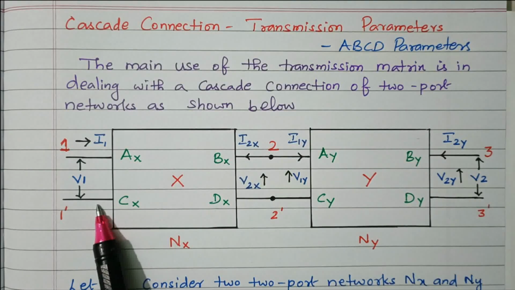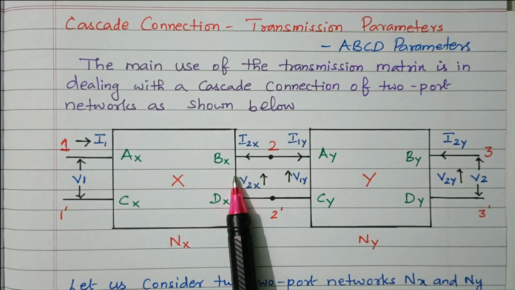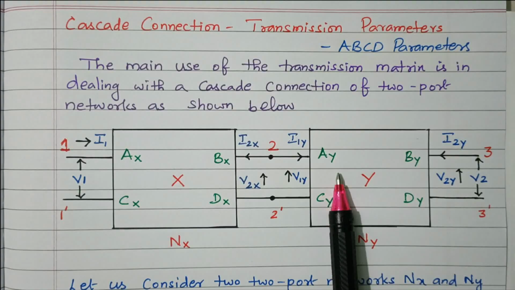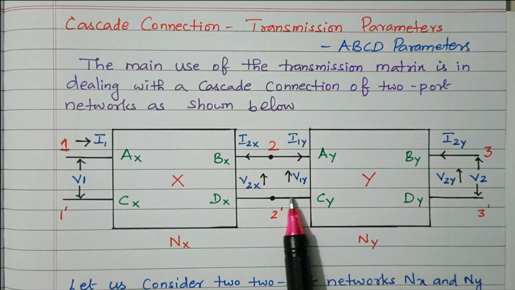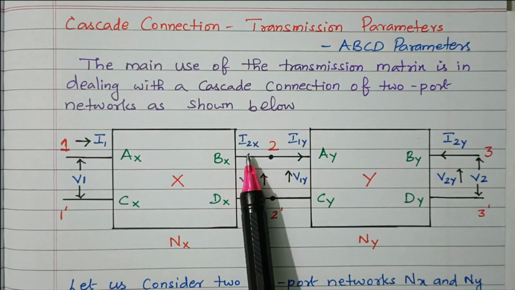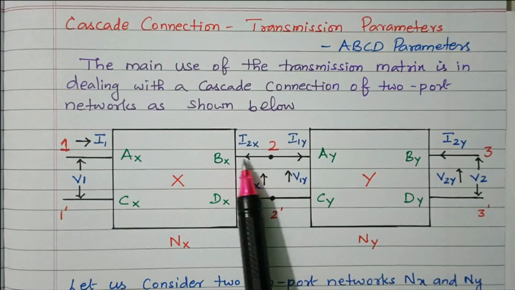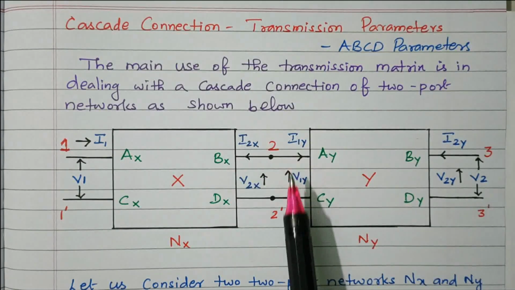Now we'll see what is the advantage while connecting this. This is the sending end. The output of network X is nothing but the input to network Y. Then the output from network Y is the final output. So here it is very clear, I2X equal to I1Y. The current from the first network is equal to the current in the second network.